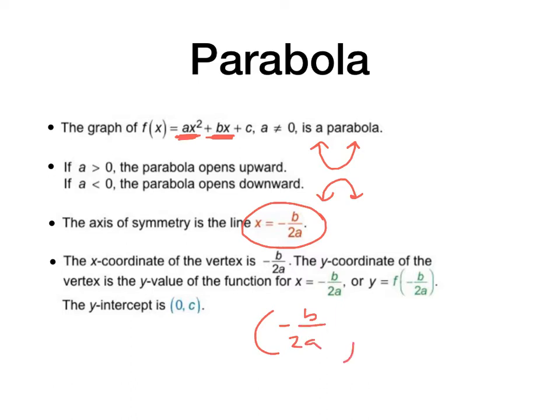And we're going to plug what we get into the x's up here, and that's going to be our y variable in our vertex. So we're going to get a value for x, plug it into our original equation, and that's going to be our y for our vertex.